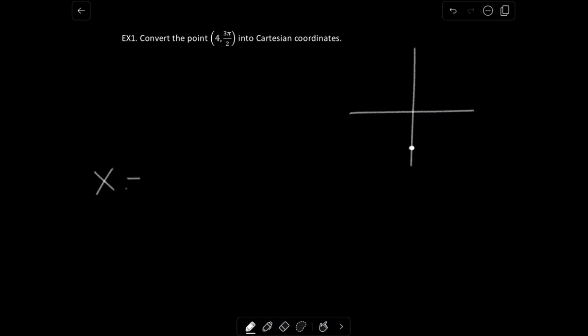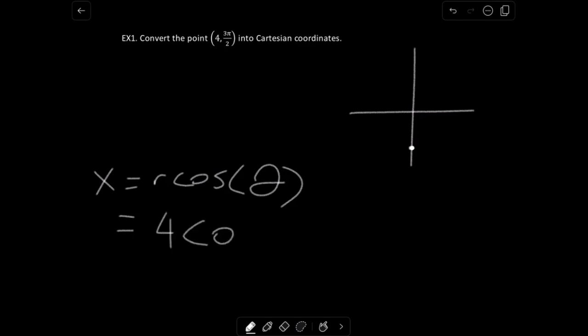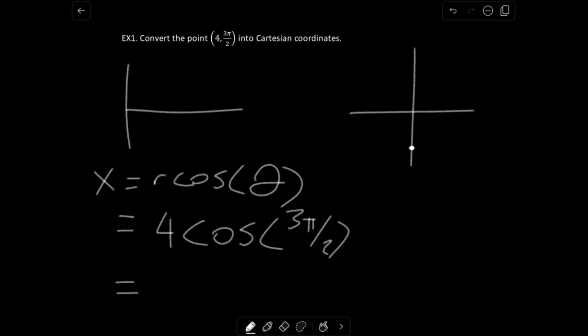So x is equal to r cosine theta. So that's 4 cosine 3 pi over 2. Now, you aren't using a calculator for this example, so how do you get cosine 3 pi over 2? This is what I do. I just sketch the cosine graph.